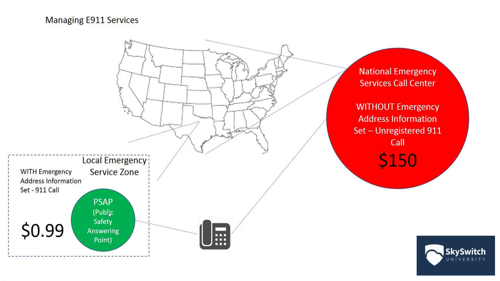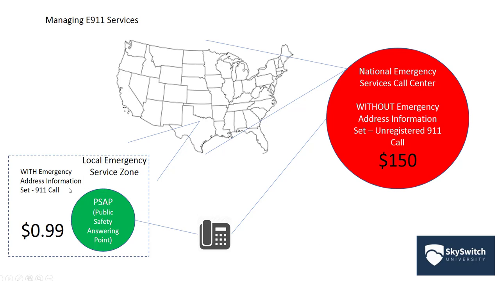And that call is going to cost you, as the reseller, 99 cents. Now, of course, you can charge for 911 calls, and we can help set that up in billing services. But I just want you to understand that that's a typical 911 call. It's going to go to that local emergency service zone PSAP, and it's only going to cost the reseller 99 cents. And everything's going to work properly.